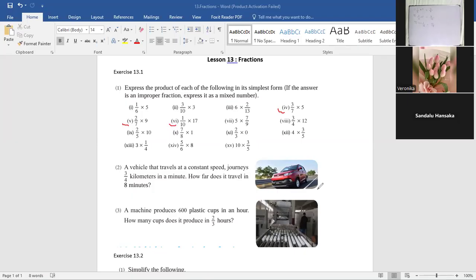Please do it and tell me the answer. Only the numerator can be multiplied by the whole number. You can keep the denominator the same as it is.